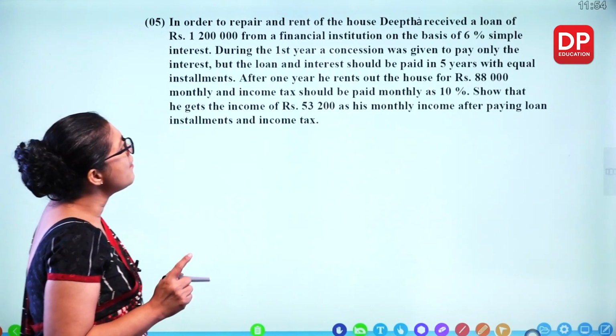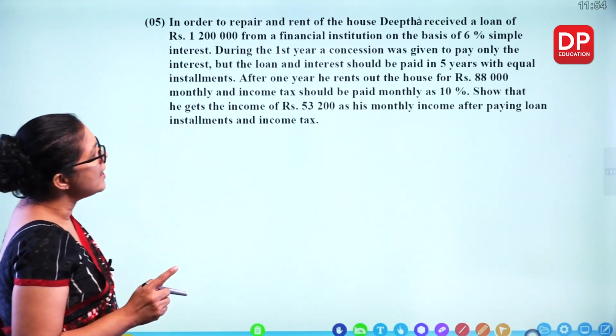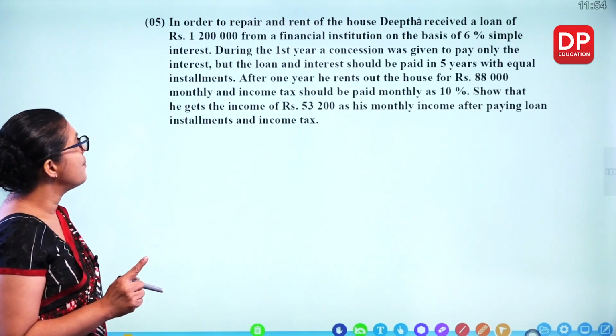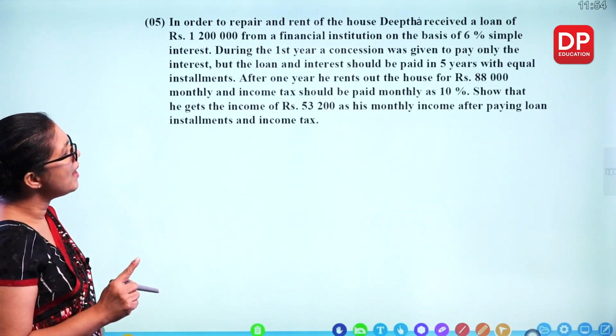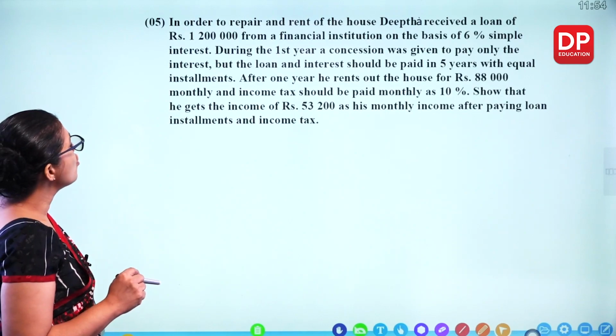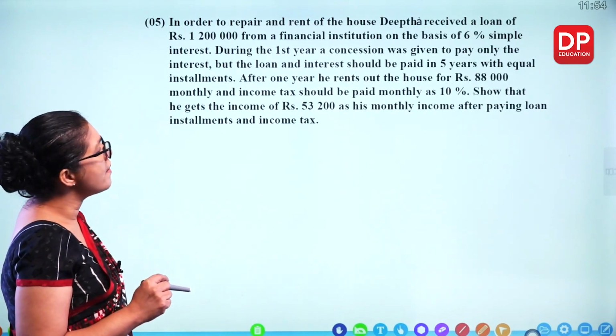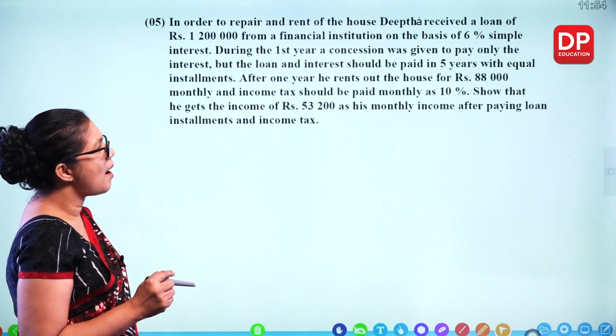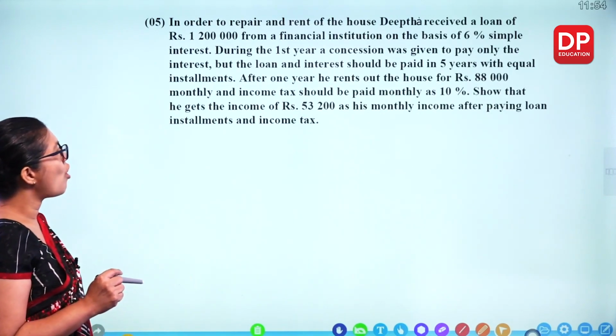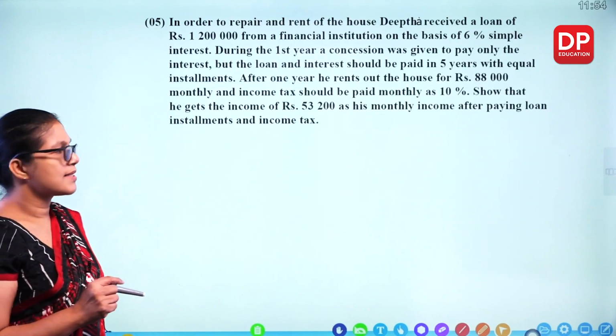After 1 year, he rents out the house for 88,000 rupees monthly, and income tax should be paid monthly as 10%. Show that he gets an income of 53,200 as his monthly income after paying loan installments and income tax.